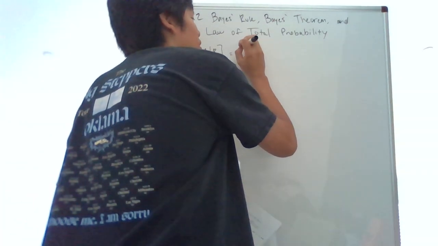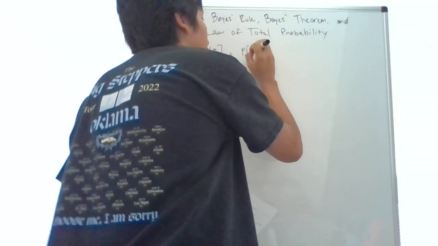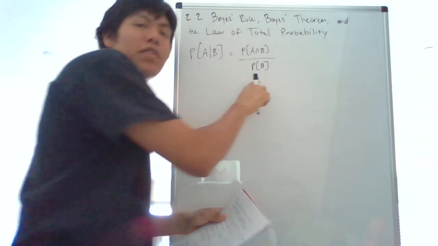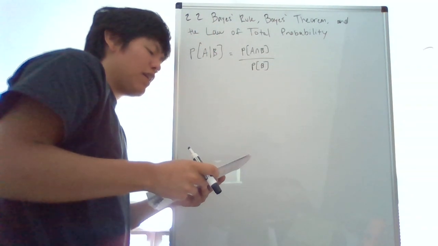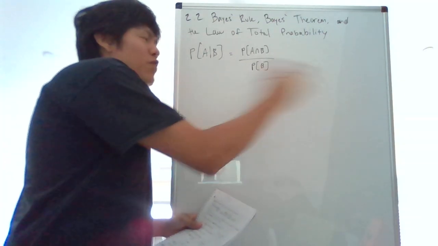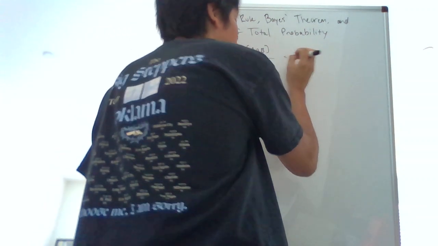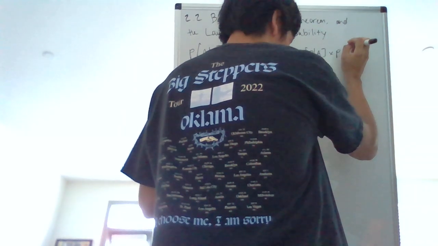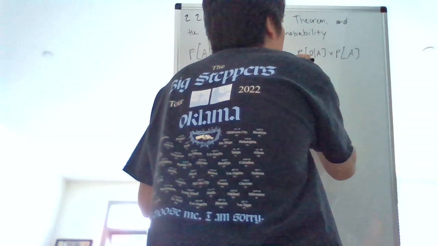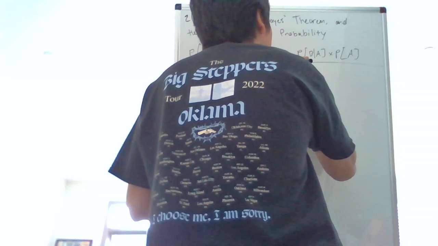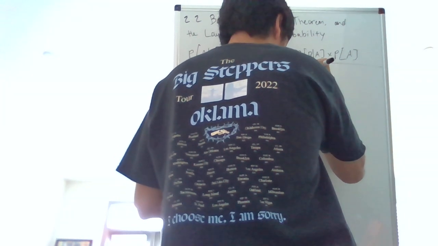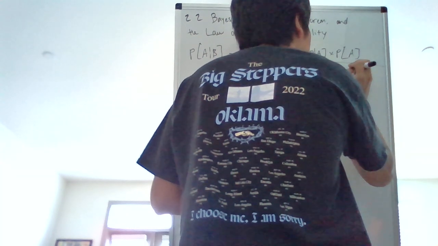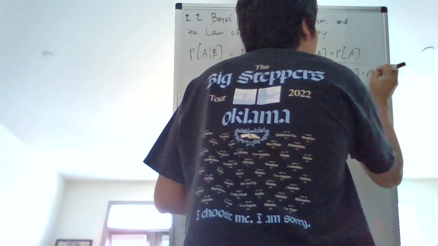It still has the same form as the original equation, where on top you have A intersect B, but now down here you have the probability of B. And if we wanted to extend this form even more so that we see each individual part, then that looks like this: times the probability of A, over the probability of B given A times the probability of A, plus the probability of B given A complement times the probability of A complement.